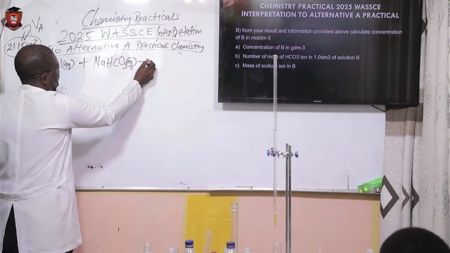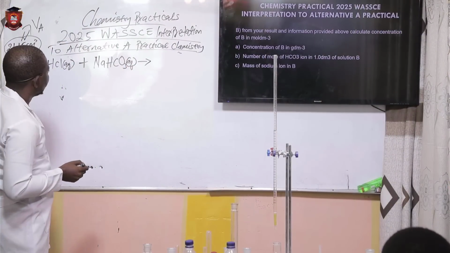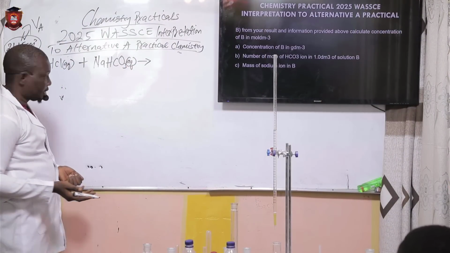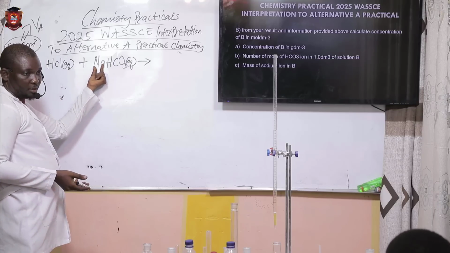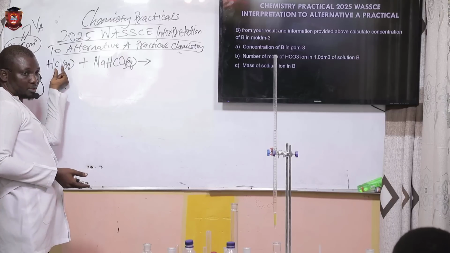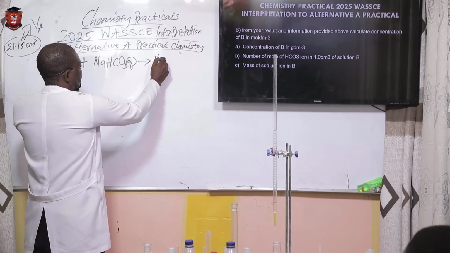Okay. Another one is NaHCO3, which is also in aqueous state. And then what are we having here? Normally in acid-base reaction, there will be salt, isn't it? Salt is part of this and part of this. So what we have here is NaCl.